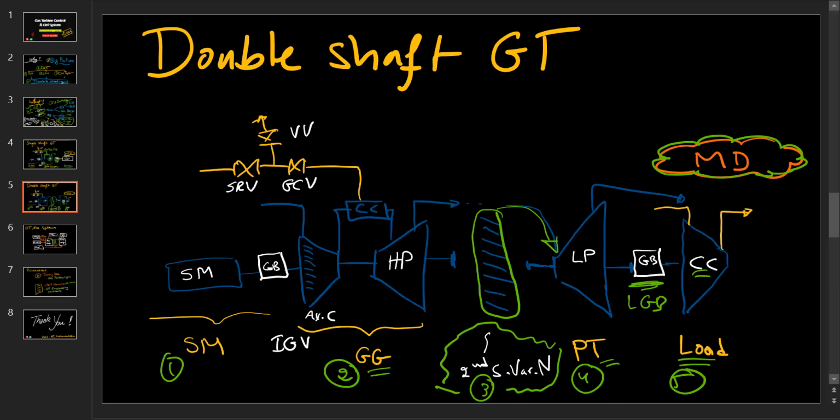If you change the angle of attack, the speed of the power turbine increases or decreases accordingly. We'll come to that in a particular video when we talk about gas turbine control philosophies.